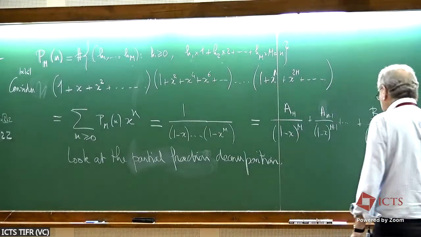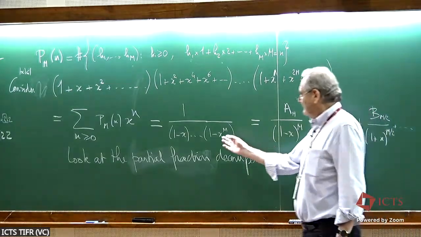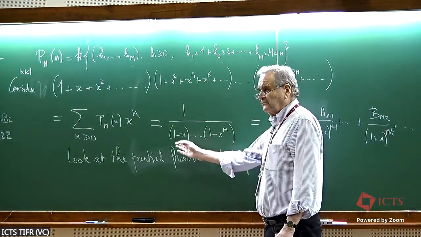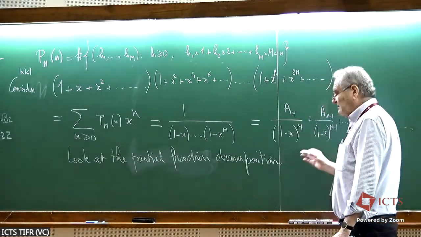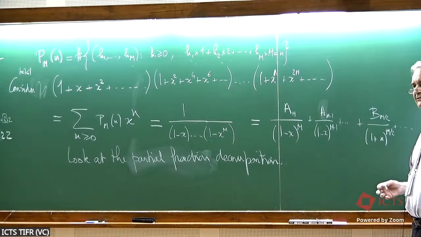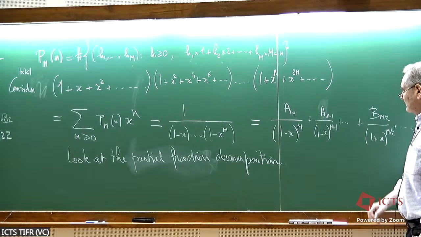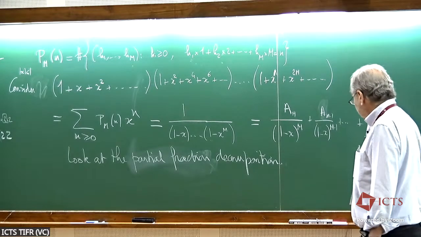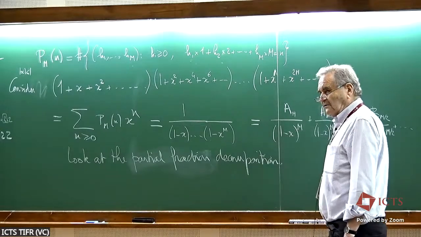But for any root of unity which occurs in this product, if it is not 1, it will be at most m over 2, the number of times it occurs. Okay?